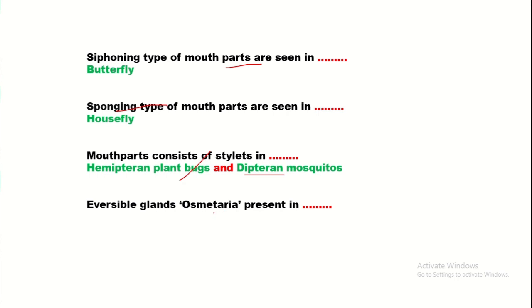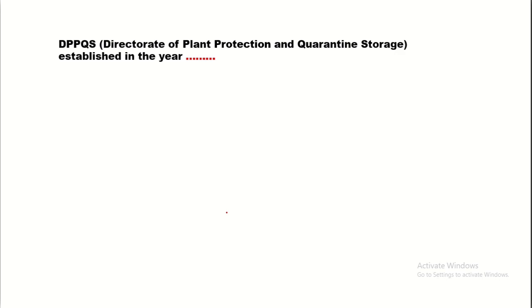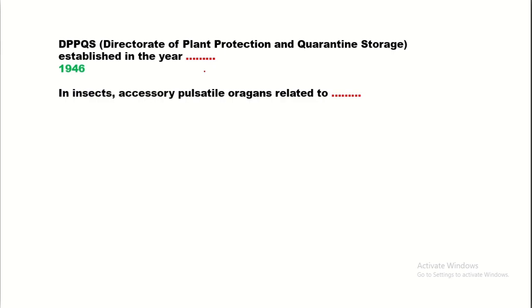Osmeterium, an eversible gland, present in citrus butterfly. DPPQS, Directorate of Plant Protection, Quarantine and Storage, established in the year 1946.